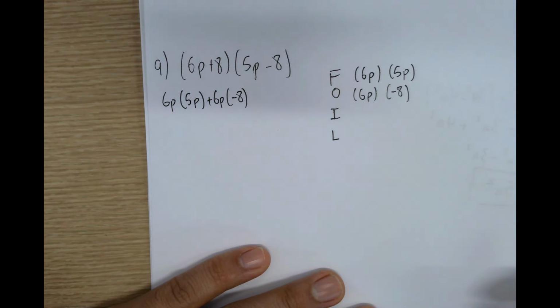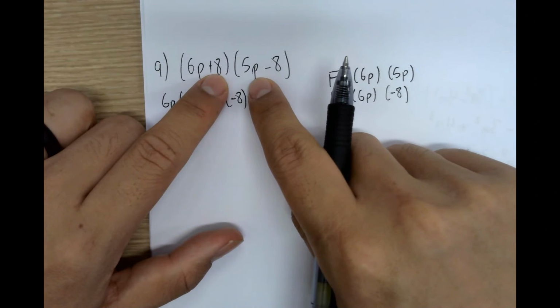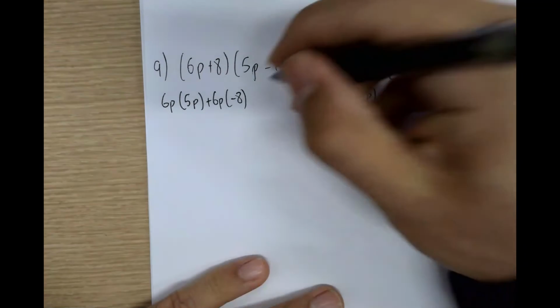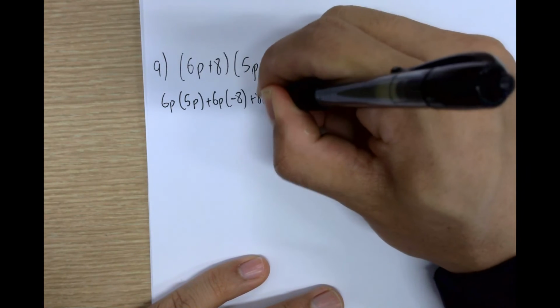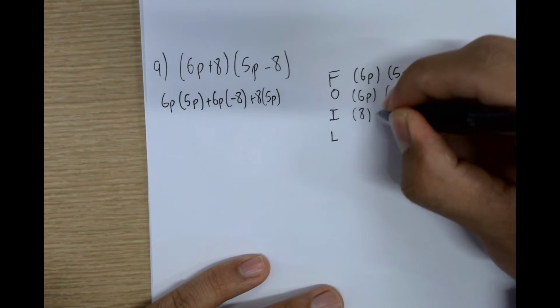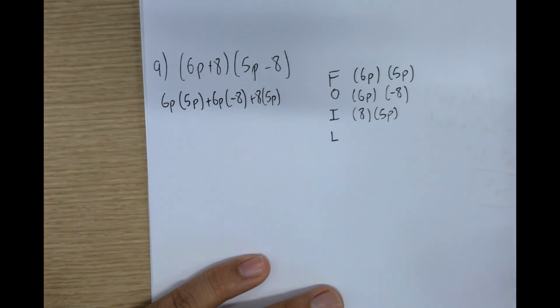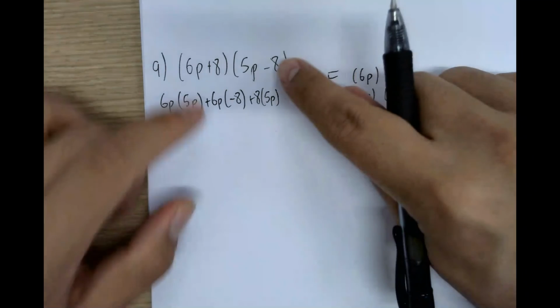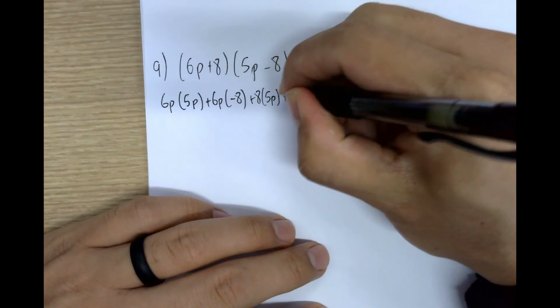And then we're going to do inside, which is 8 times 5p. And then we have last, which are the last two terms, which is 8 times negative 8.